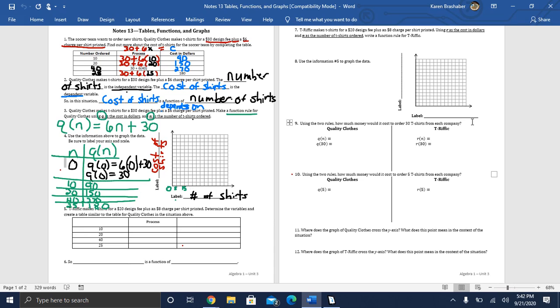And I'm going to keep going. So 30 and then 35 and then 40 and then 45. And I'm going to stop there, but we could keep going. But if I go by fives on the y-axis, on the up and down, I won't be able to get to my highest number of 270.